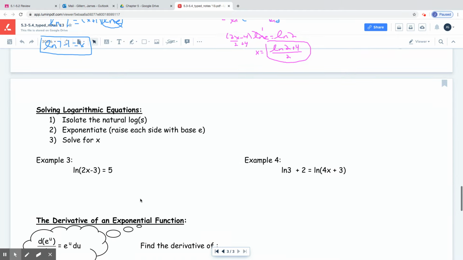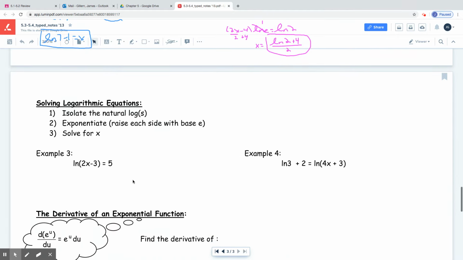To solve a logarithmic, now instead of isolating the exponential, we're now going to isolate the log. And then we're going to exponentiate. We're going to raise each side with base e. So this is like left, right, left. Remember, if this is base e, it's this to that power has to equal that.